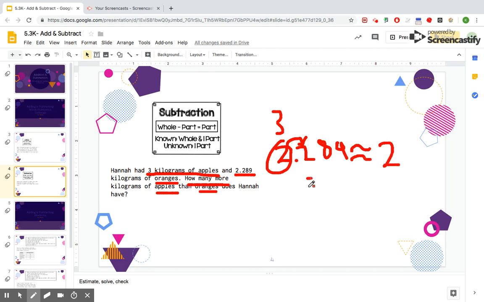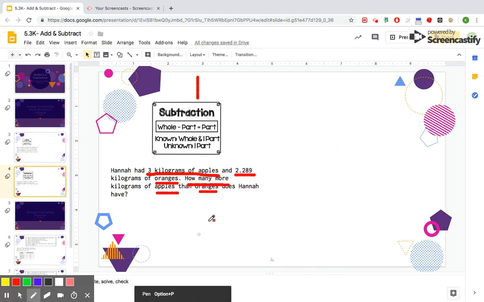So if I was to subtract 3 minus 2, my estimate for this problem, my answer at the end, should be somewhere around 1. All right, so now that I have an estimate, I am ready to actually start subtracting.